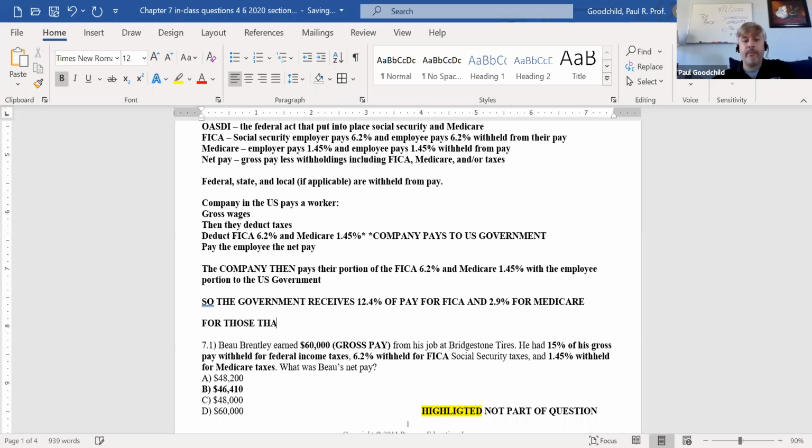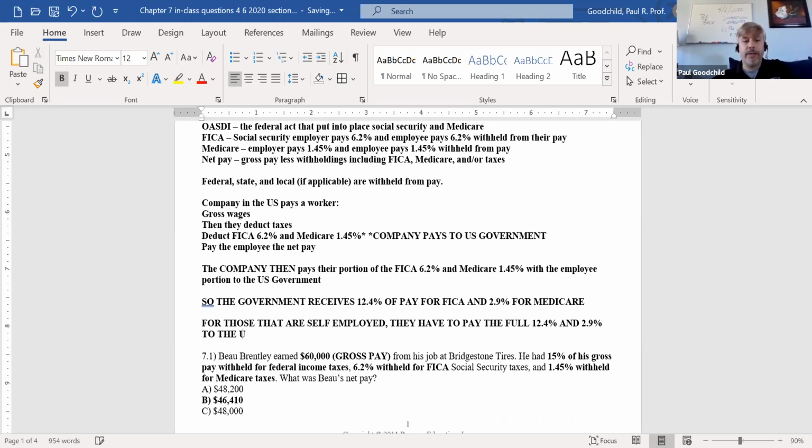For those that are self-employed, they have to pay the full 12.4% and 2.9% to the US government.